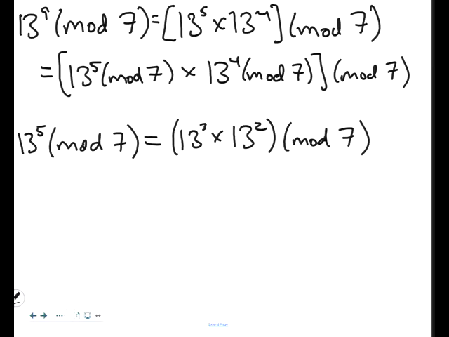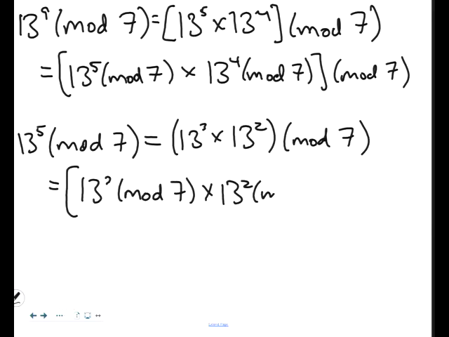And again, we can use our modular arithmetic rule to say, well, this is just now 13 cubed mod 7 times 13 squared mod 7, and then with another mod 7 at the end.